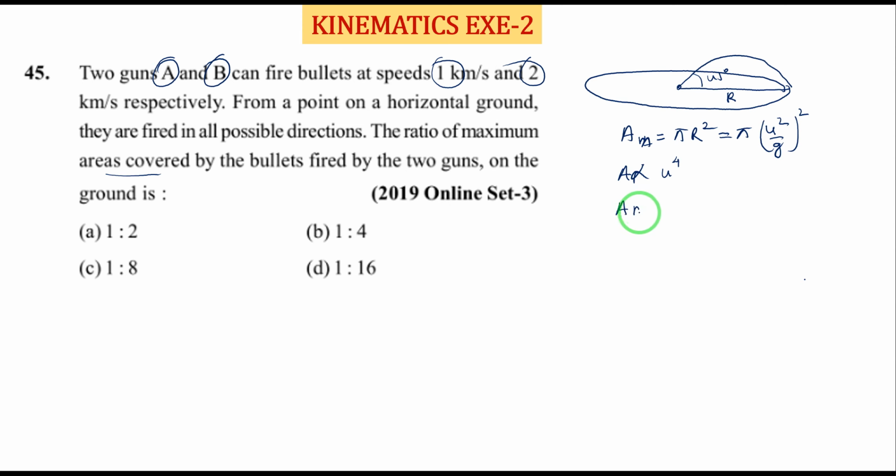So area covered by A upon area covered by B equals (velocity of A upon velocity of B) whole to the power 4, which is given as (1 by 2) whole to the power 4, and it will give you 1 by 16. D is the answer.